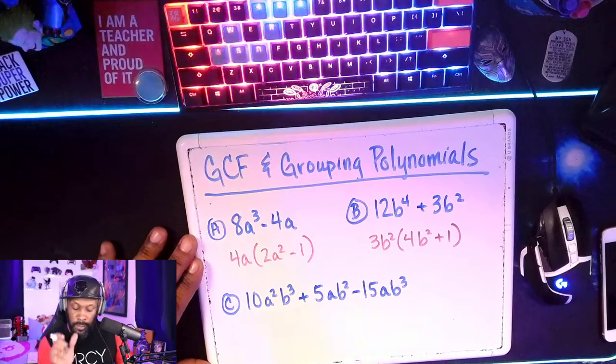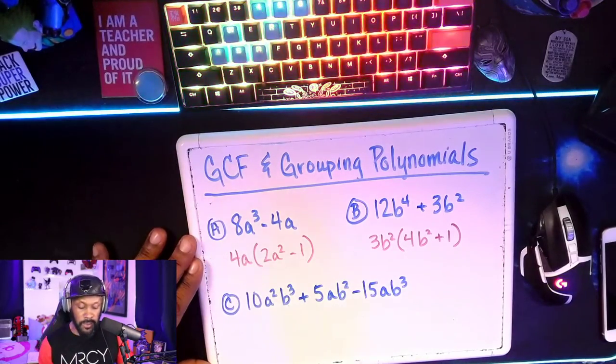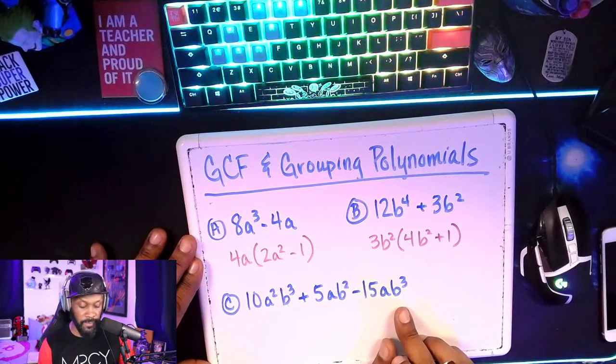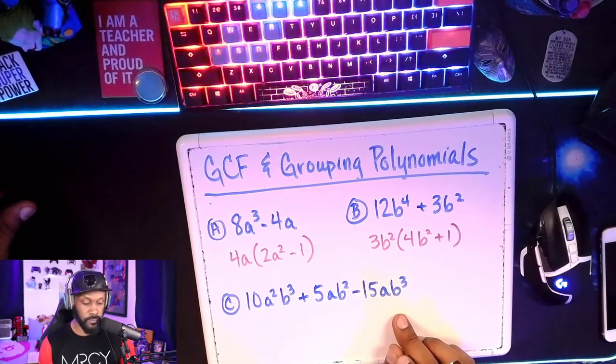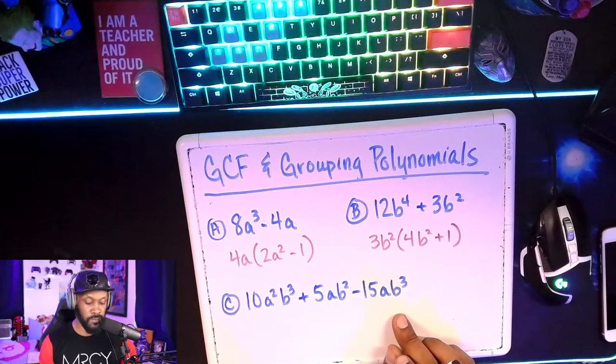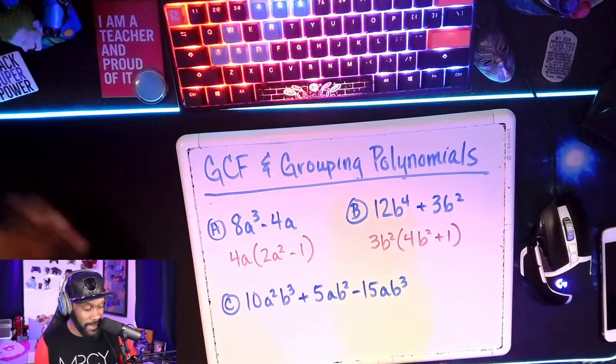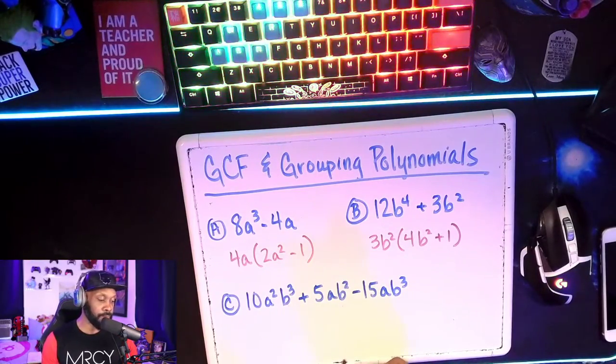Here's a trinomial. Take a look, see which one you think would be the greatest common factor. Sorry about that, y'all. I live in New York City. All right, so let's just keep going.